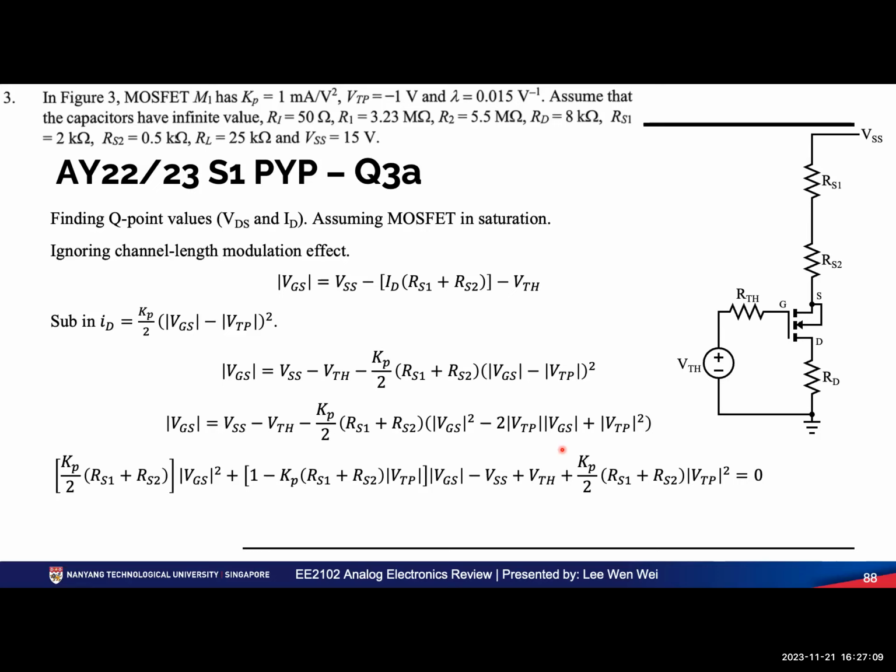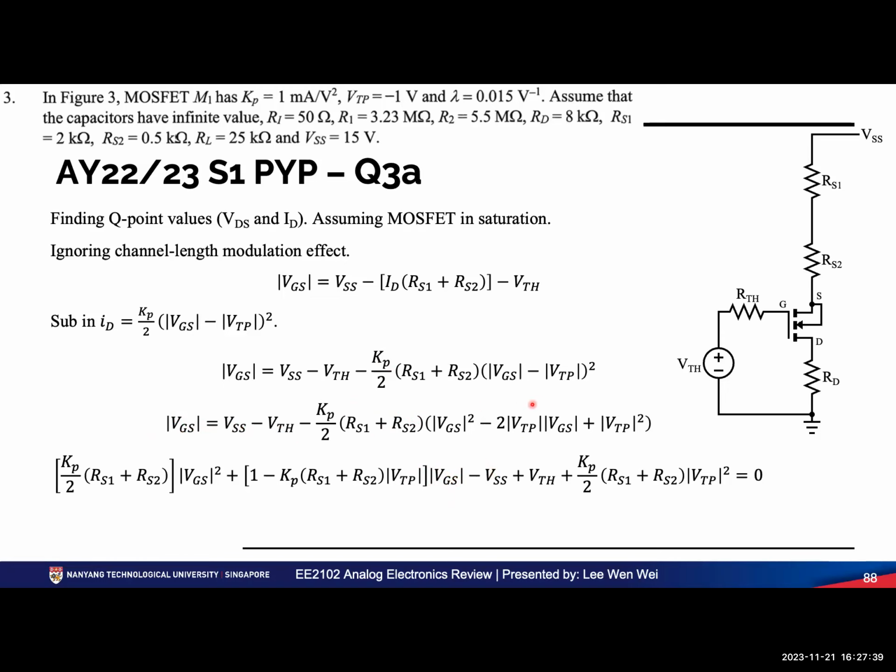You're doing the manipulation, right? Correct. Wait, I don't understand where the 1 minus comes from. The 1 minus? Yeah. This is the VGS term, right? This here is where the 1 comes from, minus this one times this one.